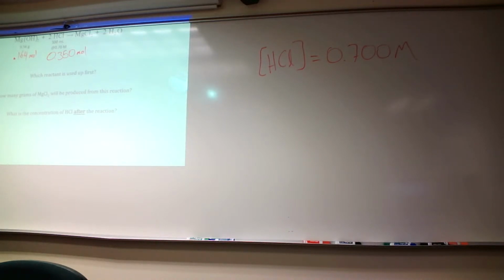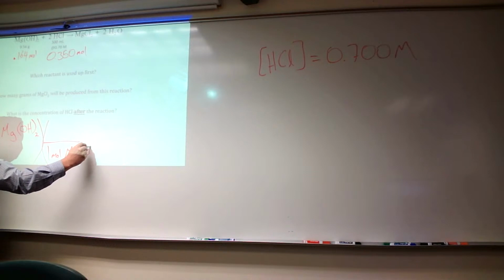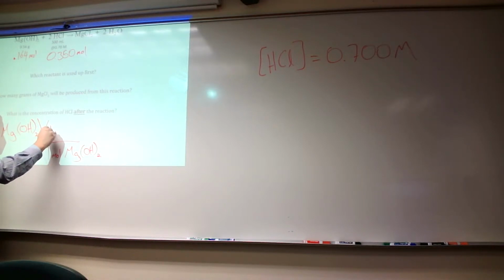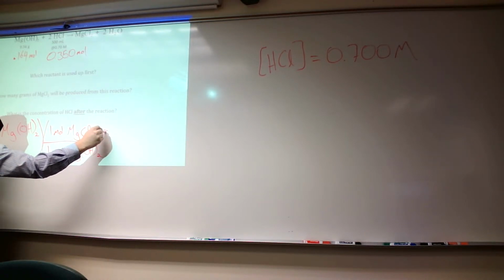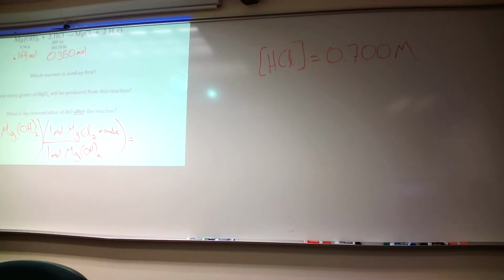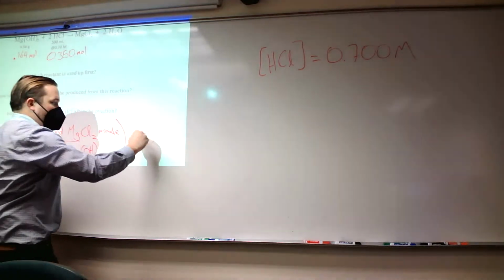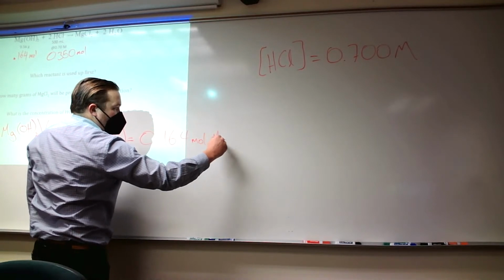So we can say, okay, 0.164 moles of magnesium hydroxide, and every time I use 1 mole of magnesium hydroxide, that makes 1 mole of magnesium chloride. So 1 to 1, we get 0.164 moles of product.